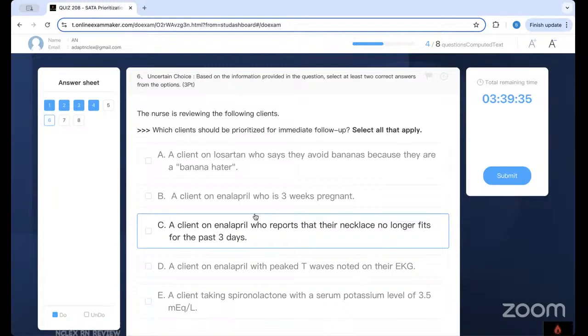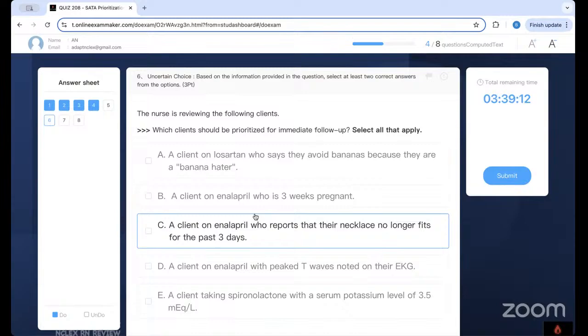A client on enalapril who reports that the necklace no longer fits for the past 3 days: should you worry? I have enalapril and a peaked T wave on EKG: should I worry? I'm taking spironolactone, my potassium is 3.5.